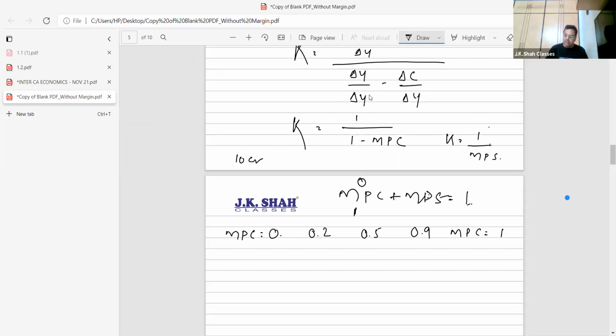Now kindly pay attention, all of you. How do I write the formula? K is equal to 1 upon 1 minus MPC.